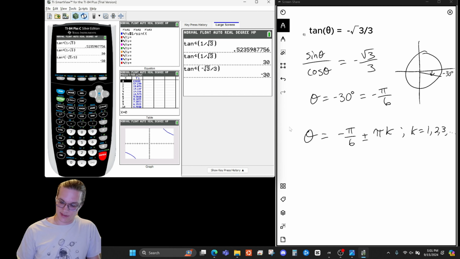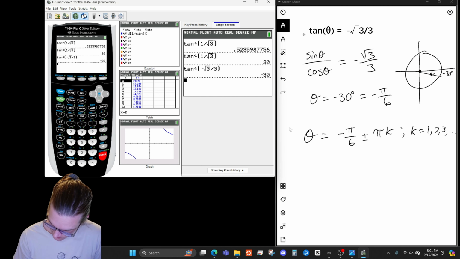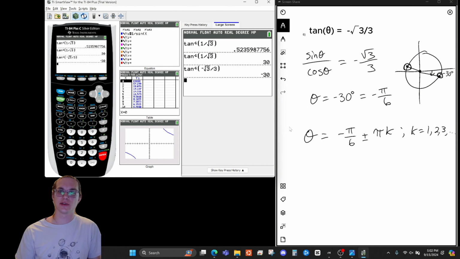And then they want 6 out of us. So I know that if I add pi to this, it's going to end up over here. And if I add pi to that, it's going to end up over here. So all the solutions are just this point, this point, this point, this point, adding a bunch of pi's, right? So I can add or subtract pi from negative pi over 6 to get each solution.